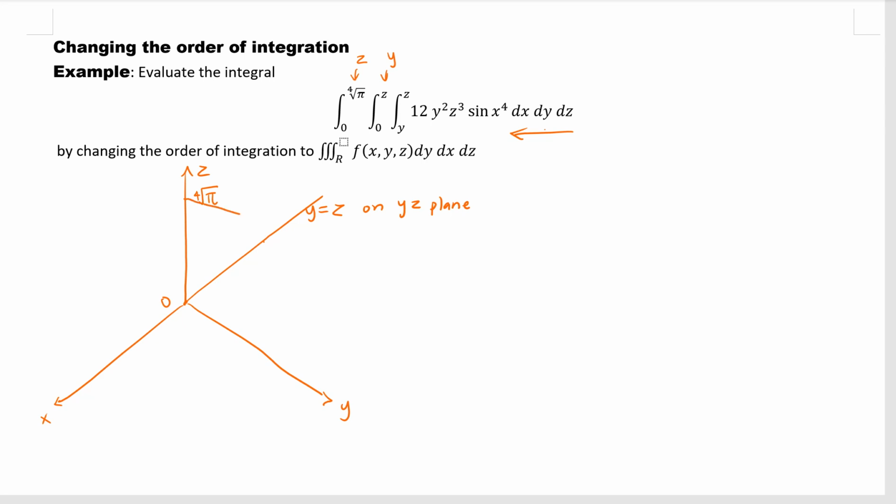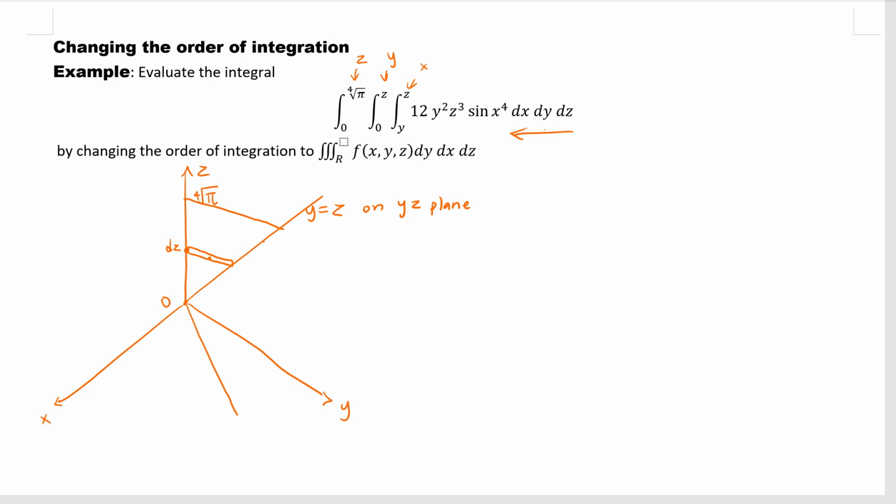So z is from 0 to 4 roots of pi, and y is from 0 to this. Imagine this is like our small rectangle, this is the dz, and then y is from 0 to this line, y equals z on the yz plane. Now how about x? Any points here, we start with x equals y. Where is x equals y? Let's say x equals y is right here.